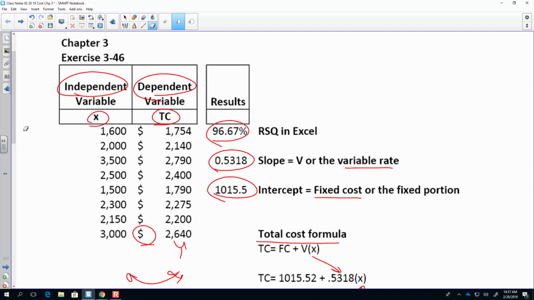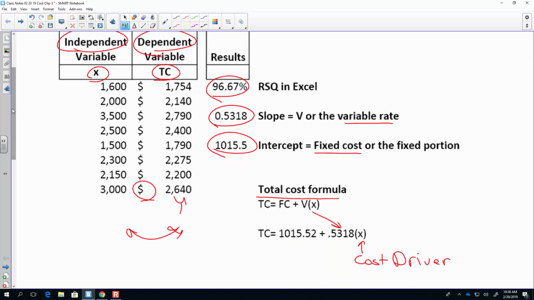Yep. Thank you. How does that look? So give it a whirl. Just be aware what these all mean. Terminology is big on chapter 3.